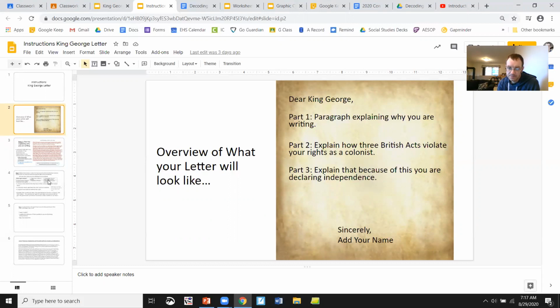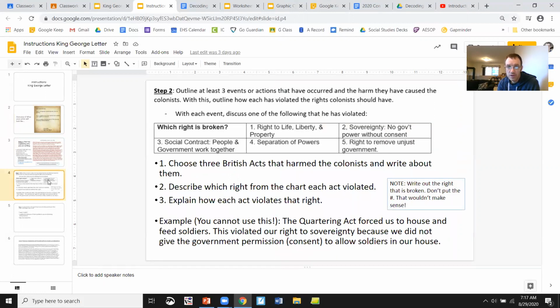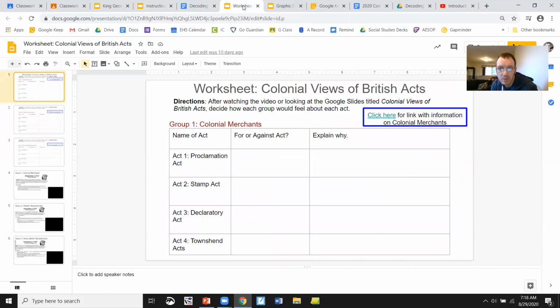So for that, we have a few things. You need to choose 3 British acts, okay, and talk about how they violate one of the rights in these categories right here. So for this, we're going to go back a ways to a worksheet that you had, which looked like this, if you're an online student.